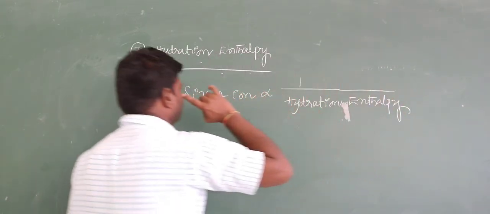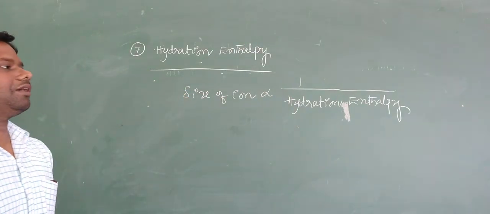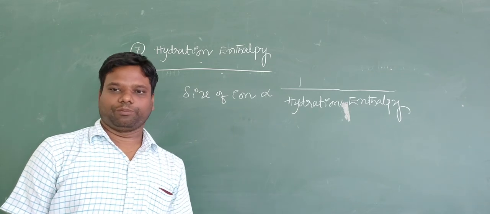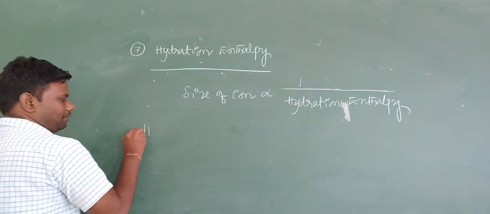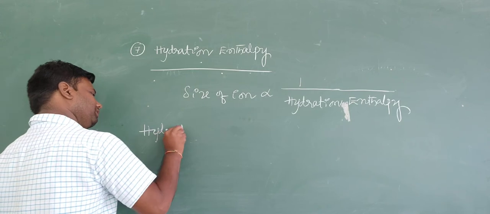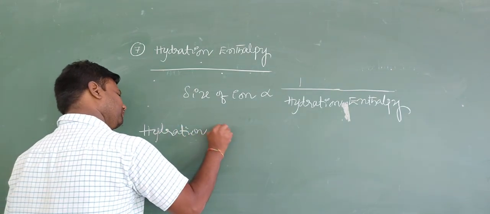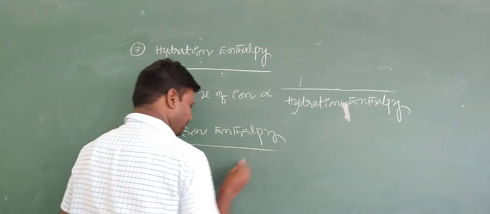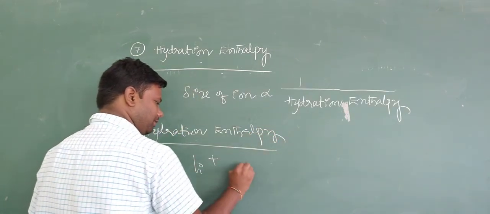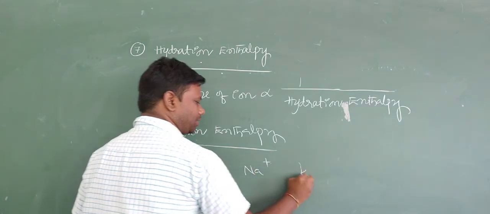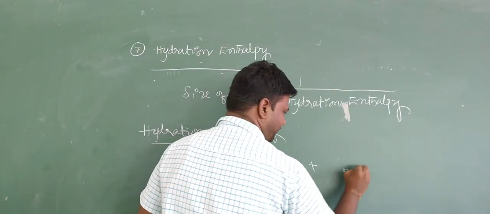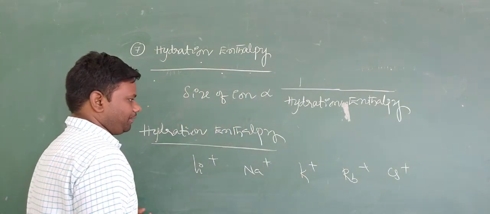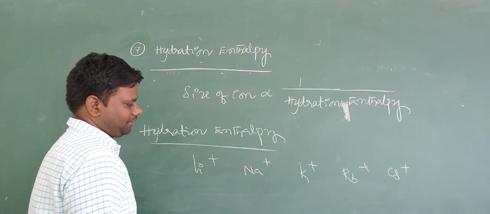Look here. Larger the size of ions, lesser the hydration enthalpy. Lithium ion, sodium ion, potassium ion, rubidium ion, and cesium ions. So this is the order for the hydration enthalpy of alkali metals.